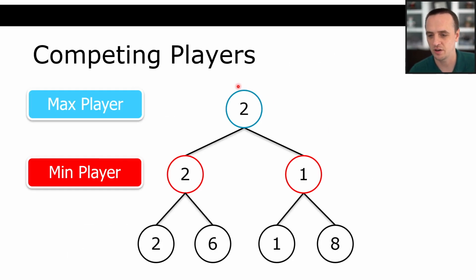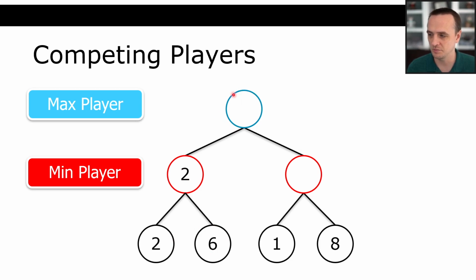So let's look over here. And it says, okay, we're currently the maximizing player. So if this is a terminal node, evaluate it. It's not a terminal node. So I take the min player algorithm. Now the min player algorithm gets applied here, and it says, is this a terminal node? It is now. So apply the evaluation function and take the minimum of all of those. And that's what happens here.